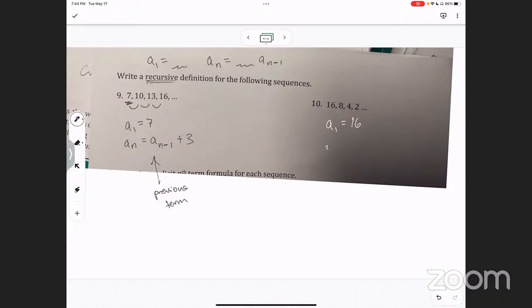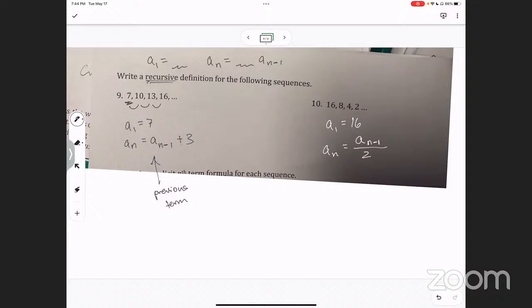Good. And what is each term? Divided by 2. So you write a sub n minus 1 divided by 2. And that's correct.